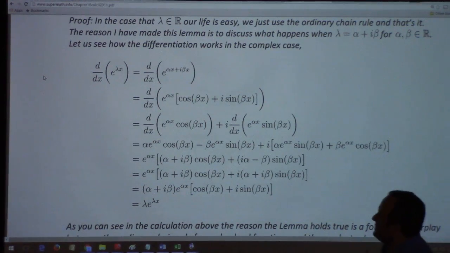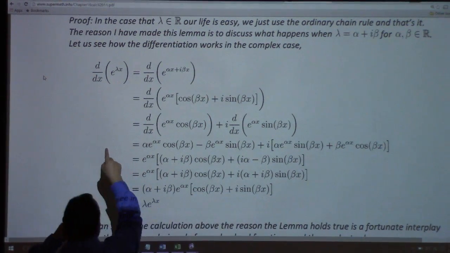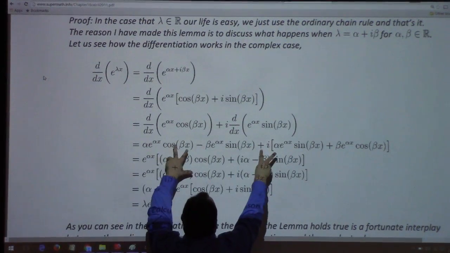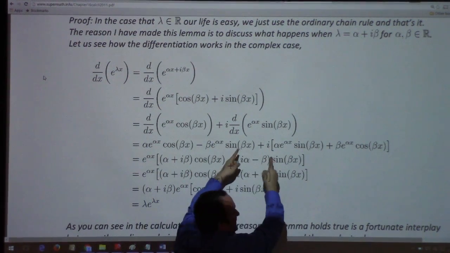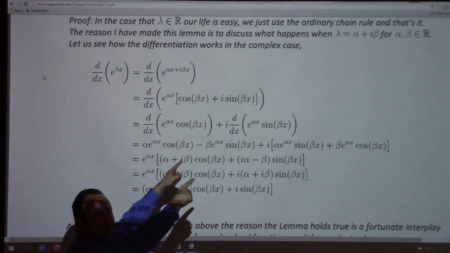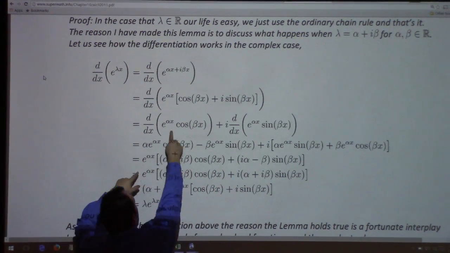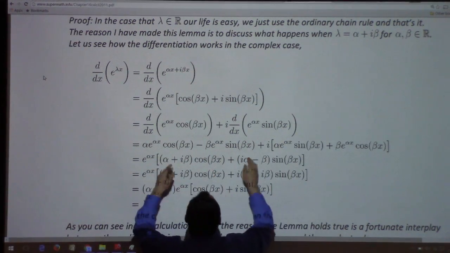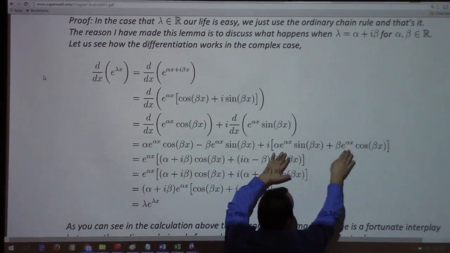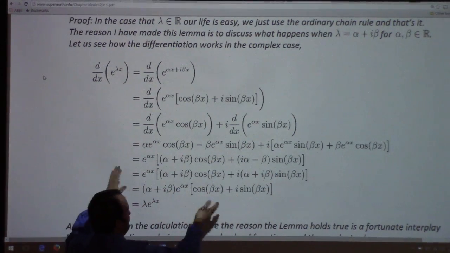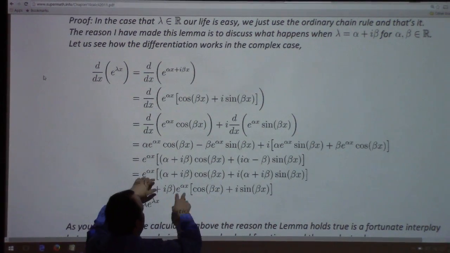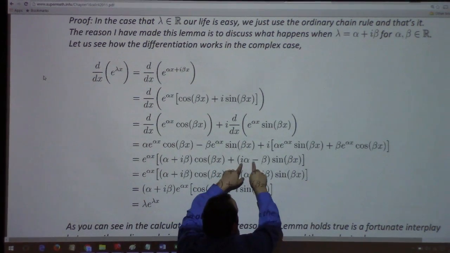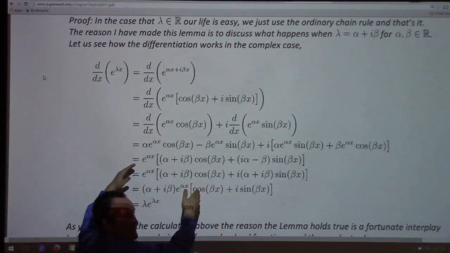So to differentiate e to the lambda x is to differentiate both of these things separately. But for both of these, you have to do the product rule and the chain rule. You pull down an alpha when you differentiate this, you pull out a beta when you differentiate that, and likewise for these, which gives you this and this and this and this. Then you group all the alpha stuff together. You can factor out an alpha plus i beta here, and you can factor out a minus alpha, minus i alpha minus beta from the sine terms.